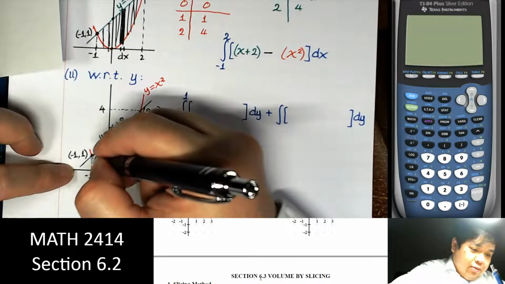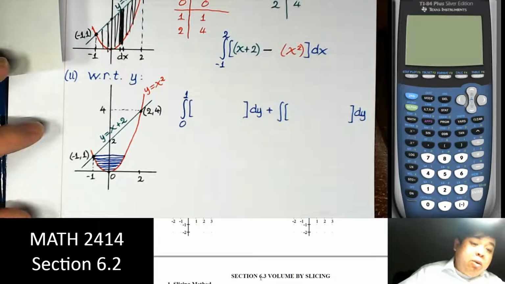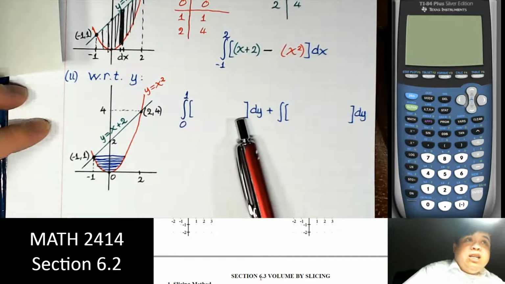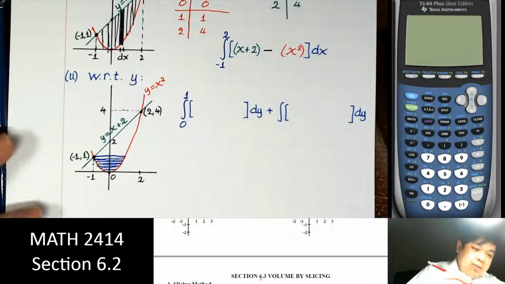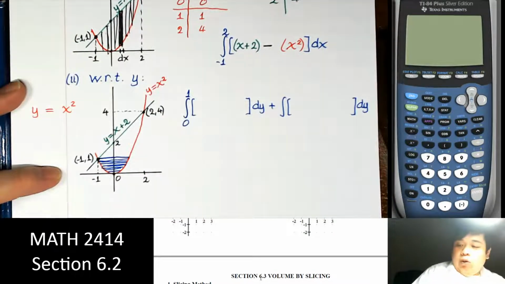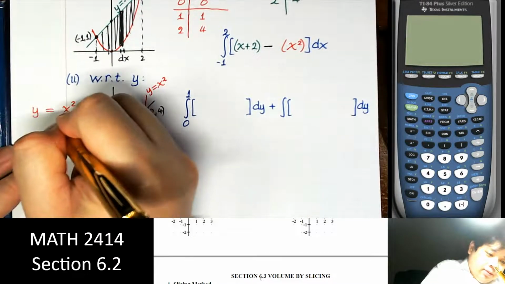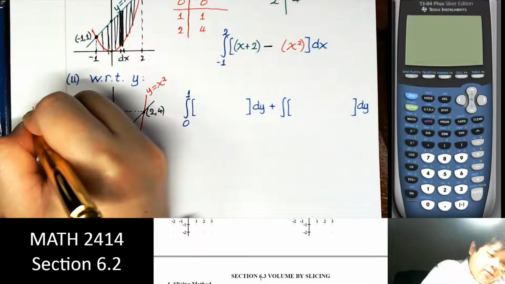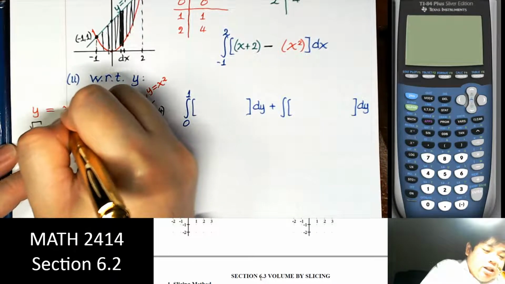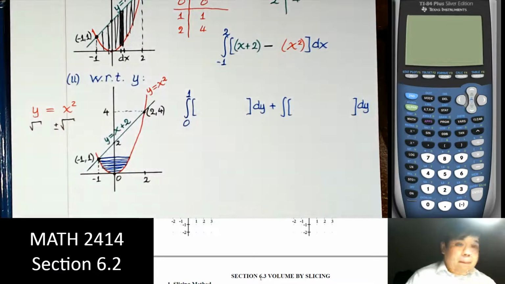On the left, by y equal to x squared, on the right, also y equal to x squared. But remember, when we put the limit here, it has to be in terms of y, right? So when y equal to x squared, if we want to solve for x, we're going to take the square root on both sides. But whenever we do that, we have to put the plus or minus on one side.